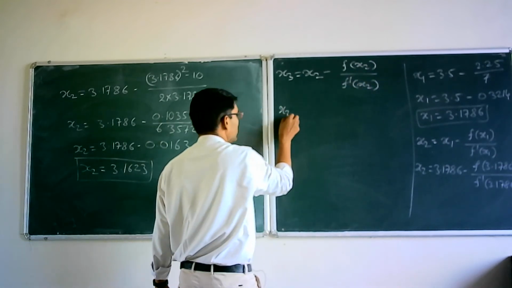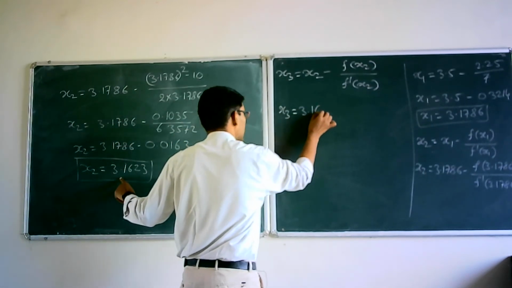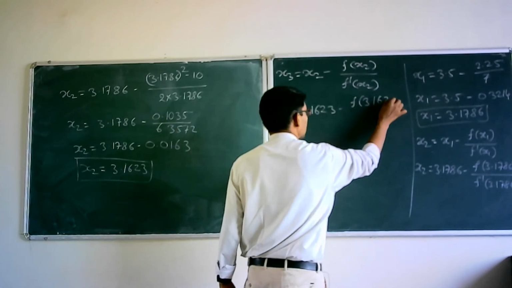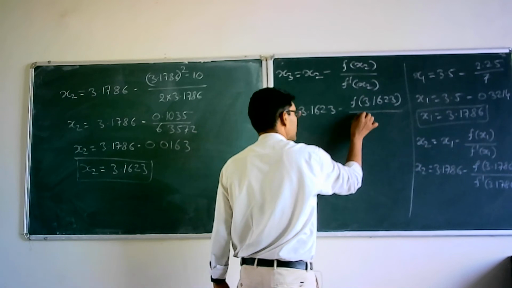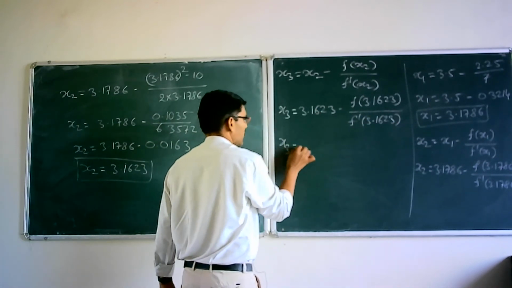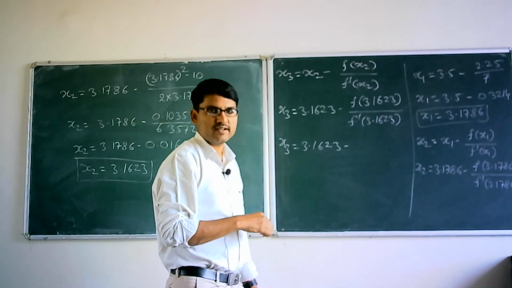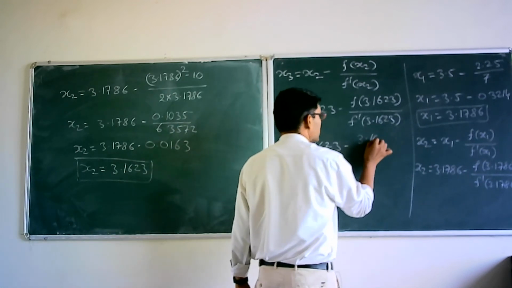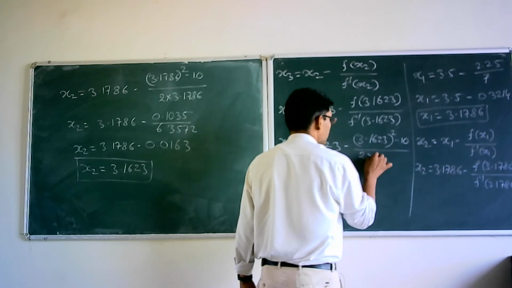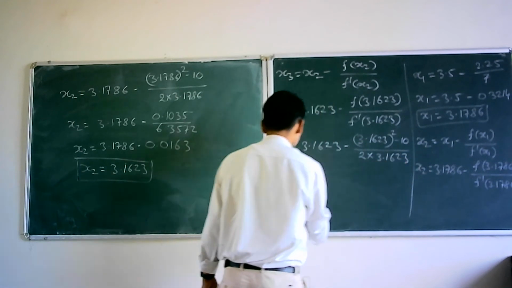So x3 is equal to 3.1623 minus f of 3.1623 divided by f dash of 3.1623, where f of x is x square minus 10 and f dash x is twice x.